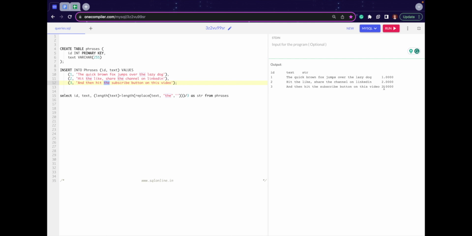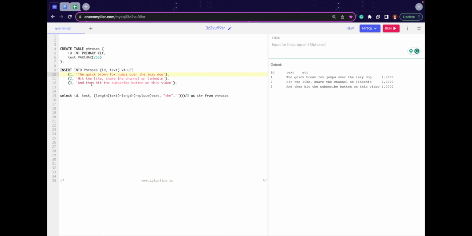But why is it 2 here? Because there is another word with T-H-E followed by N. It's a different word but it has the same characters and thus it's showing up. So one, we'll have to sort out the case sensitive part of it. Second, we'll have to sort out this place where if the word is within another word, we'll have to not take it into consideration.